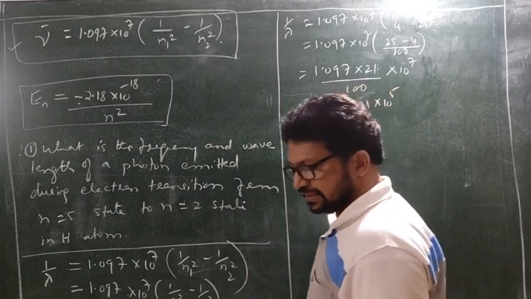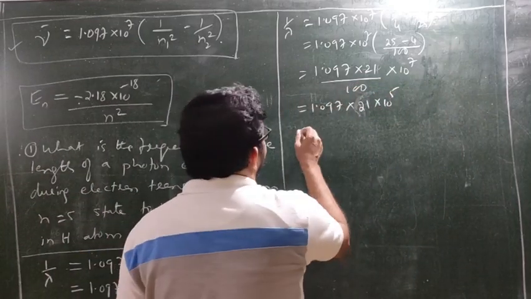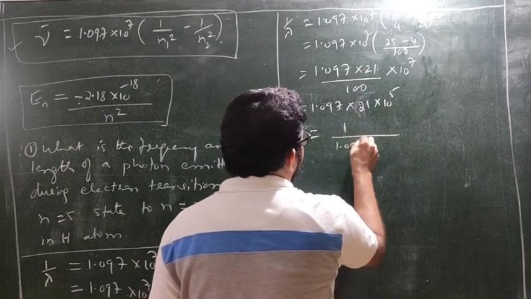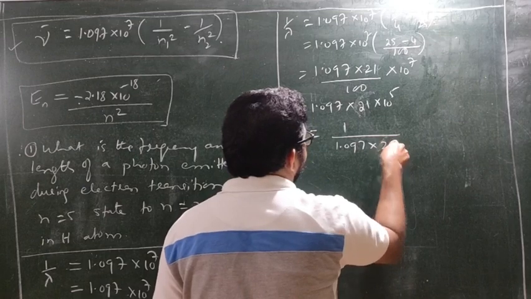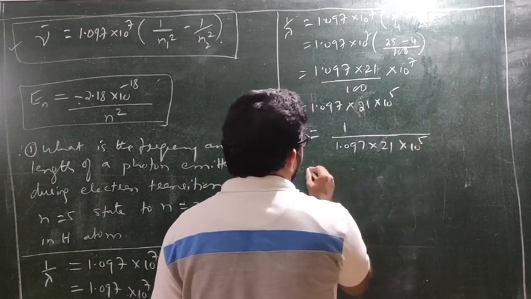So take the calculator or else you do like this. You want lambda equal to 1 divided by 1.097 into 21 into 10 raised to 5.